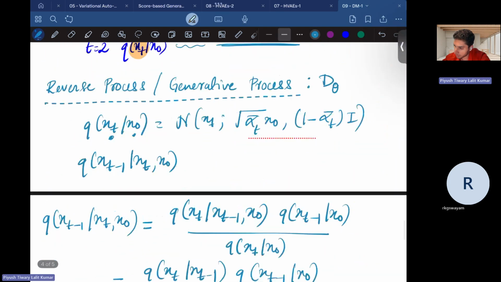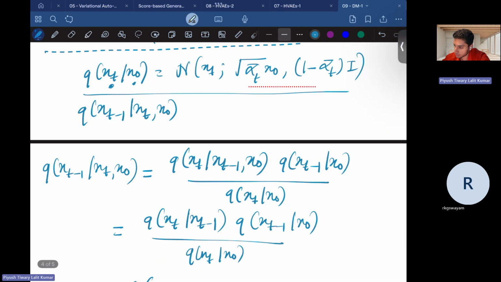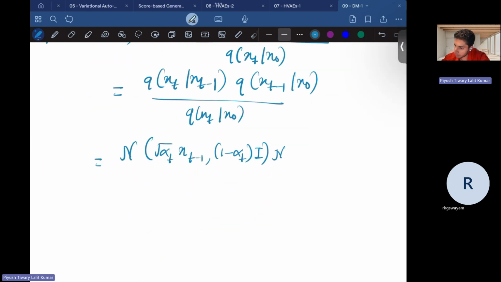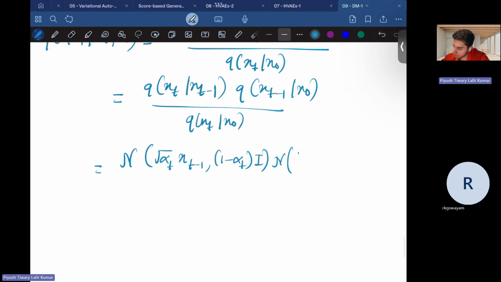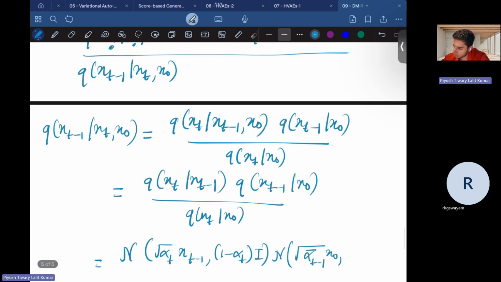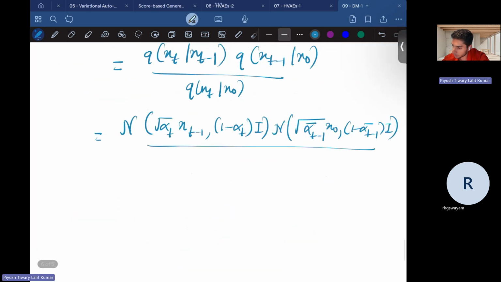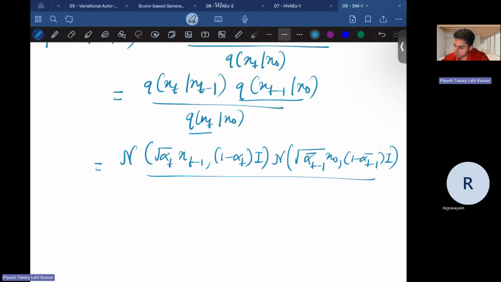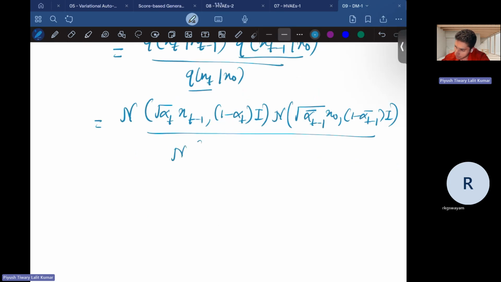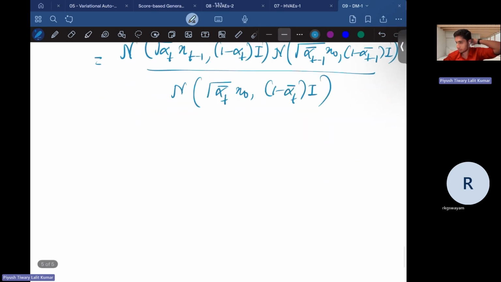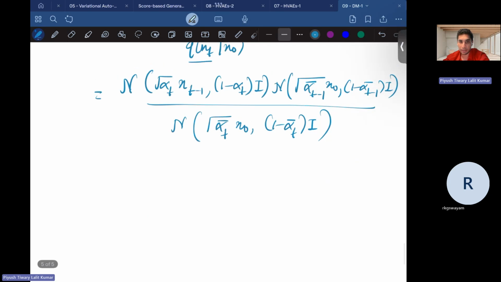From this equation, this is nothing but Gaussian xt minus 1 given x naught, so that will be root of alpha t minus 1 bar x naught, comma 1 minus alpha t minus 1 bar I. Divided by the denominator, which is similar but for xt: Gaussian square root of alpha t bar x naught, comma 1 minus alpha t bar I. I hope this is clear.